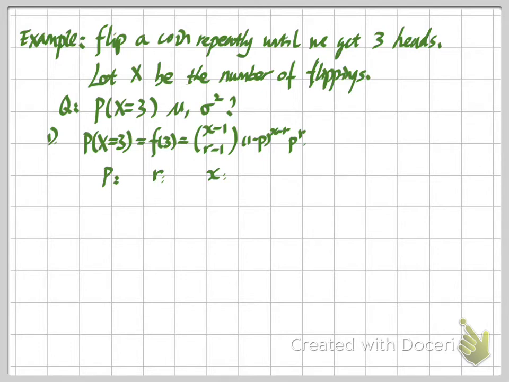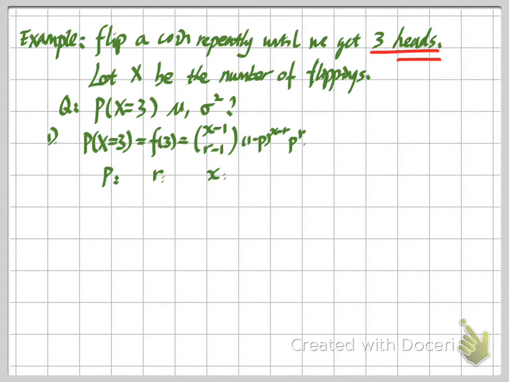And then what do we define as a success? The question is about getting 3 heads, so what we care about as a success is getting a head. So in other words, p is equal to the probability of getting a head in each flip.